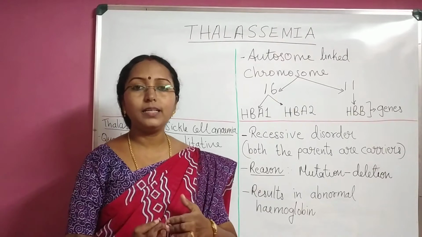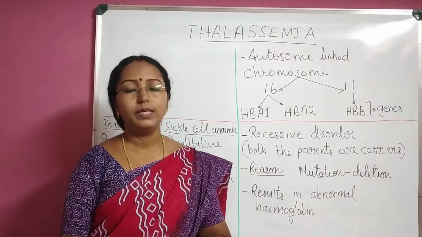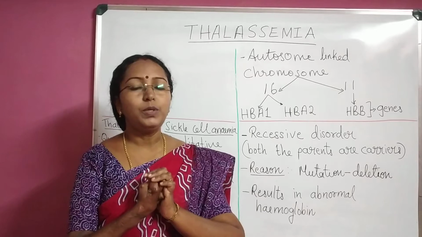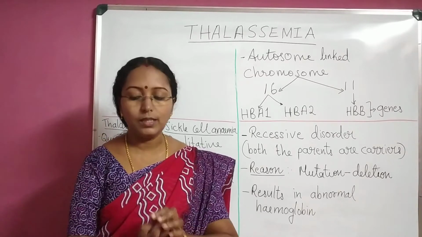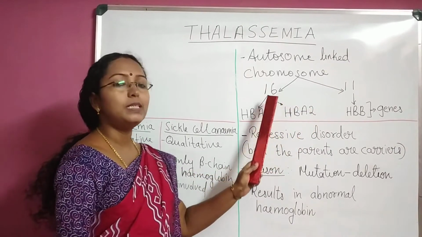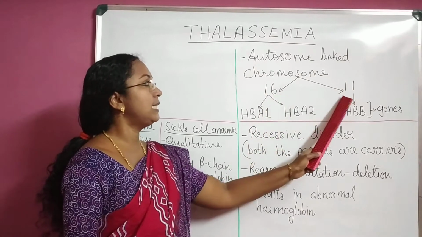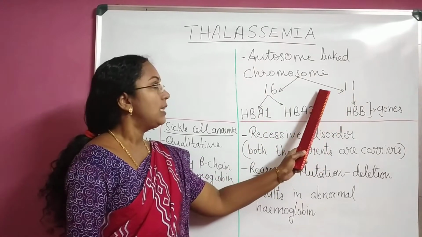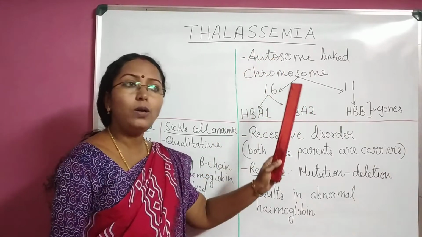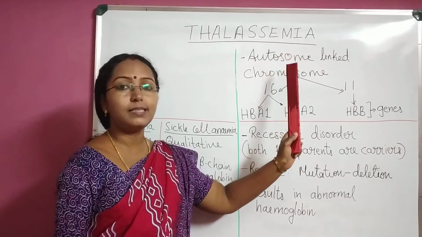When I say it is the autosome, we should know which chromosome. Thalassemia is a result of mutation happening with chromosome number 11 and chromosome 16. But not all diseases related to chromosome 16 and chromosome 11 will result in thalassemia.